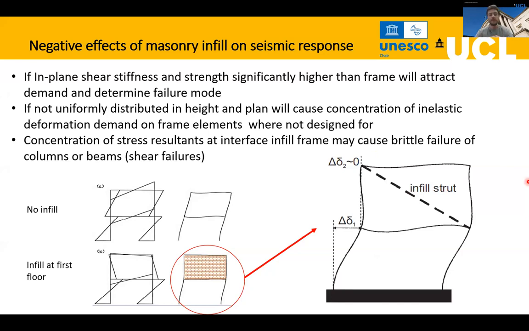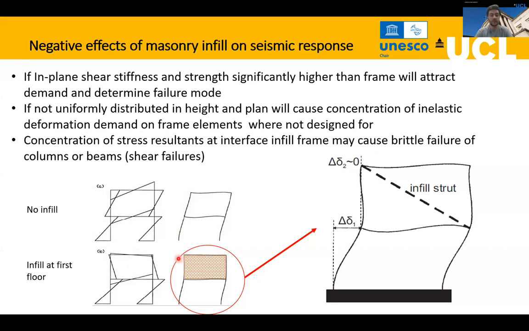Also, if these infills are located in different stories, you will have an additional negative effect, which is that this will cause some concentration of inelastic deformation in the stories that don't have any infill. For example, the type of deformation that you expect in this frame without any infill is something like this.